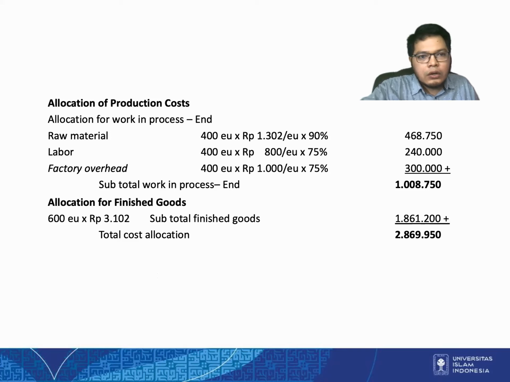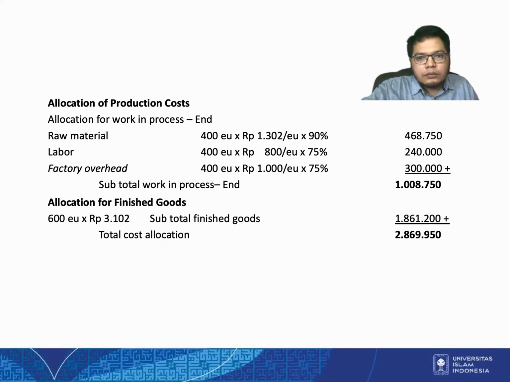Now, allocation of production cost. So how do we calculate that? Allocation for work in process at the end. For the raw material cost, only 400 EU times the cost per equivalent unit and 90%, and then we get this number. And labor is also 75%, factory overhead 75%, because both of them are conversion costs, so it's similar for the two of them.